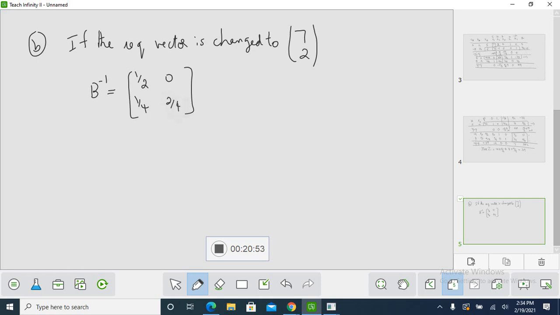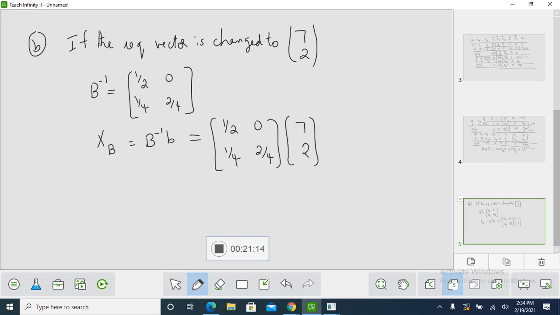Now what I need to find is XB. What is XB? B inverse into b. So this would be half 0, 1 by 4, 2 by 4, into the vector 7, 2. So first row into the first column: 7 by 2 plus 0 into 2.